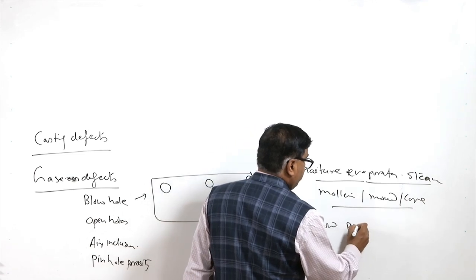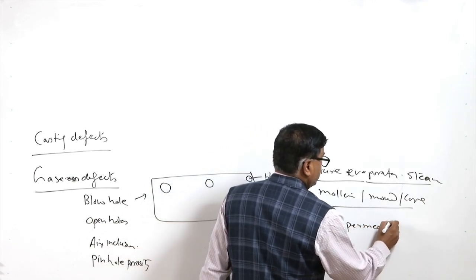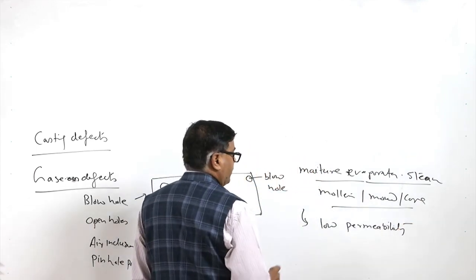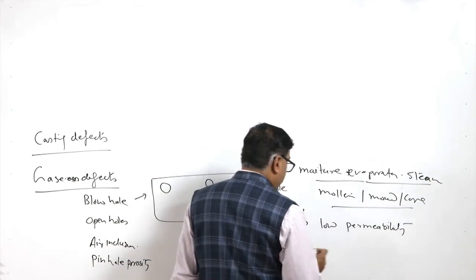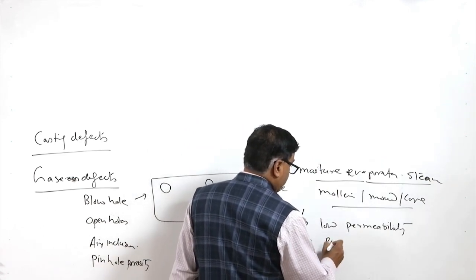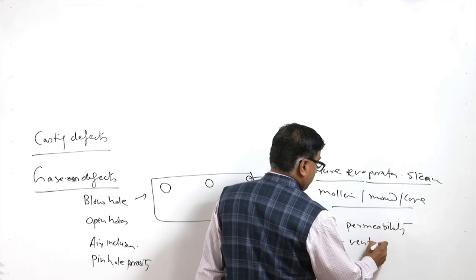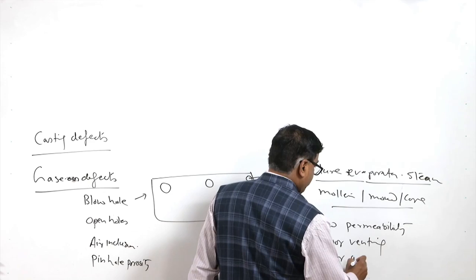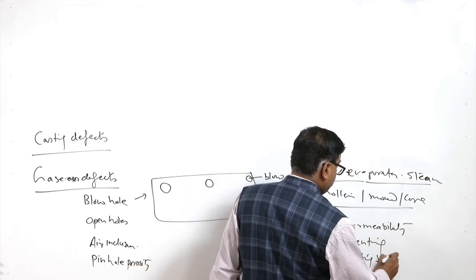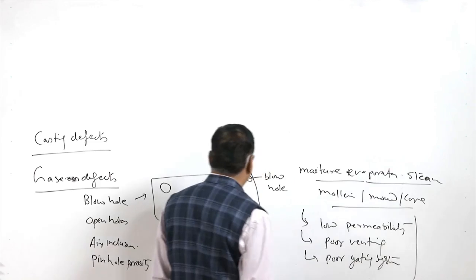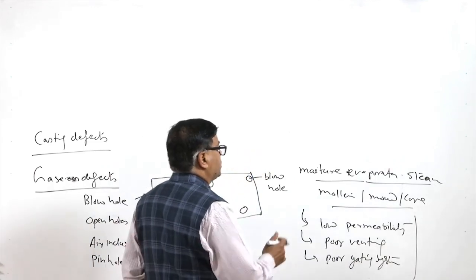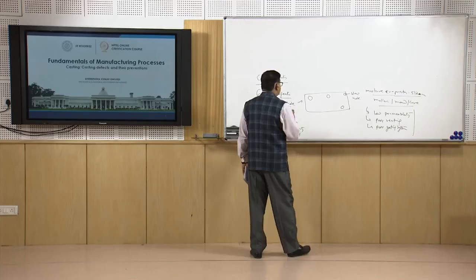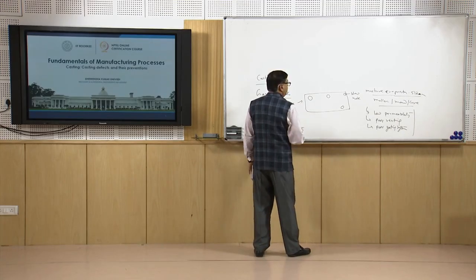remains with the casting itself or within the mold itself due to the low permeability, meaning the steam generated does not get enough space or time for getting off the mold cavity, poor venting, and the poor gating system not permitting the gases or the moisture which was generated to come out of the mold cavity, leading to blowhole defects.